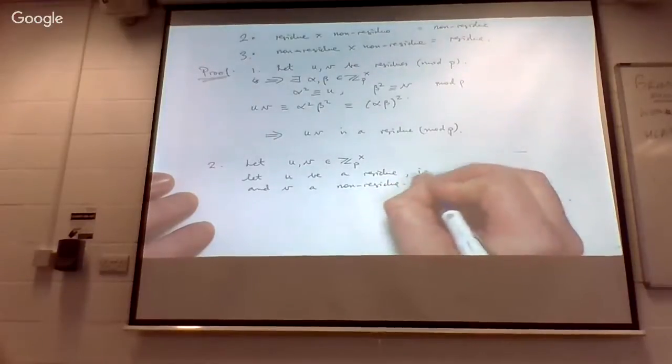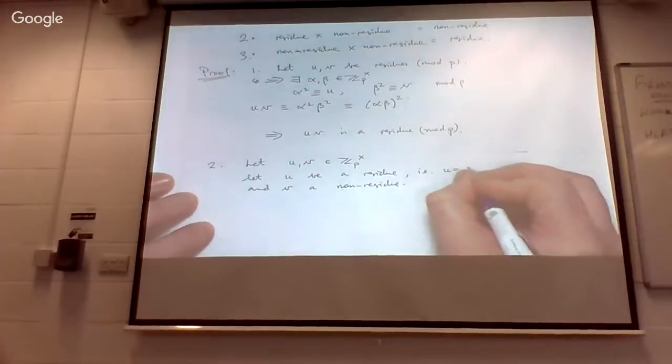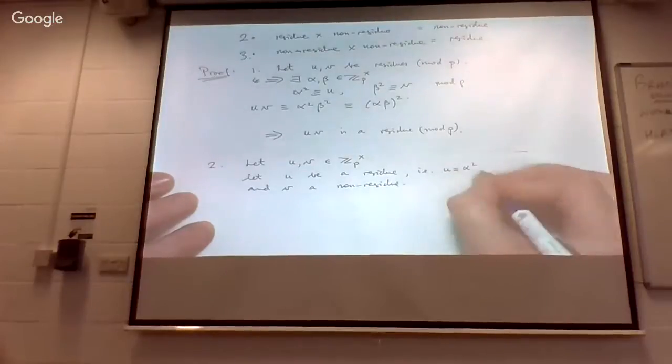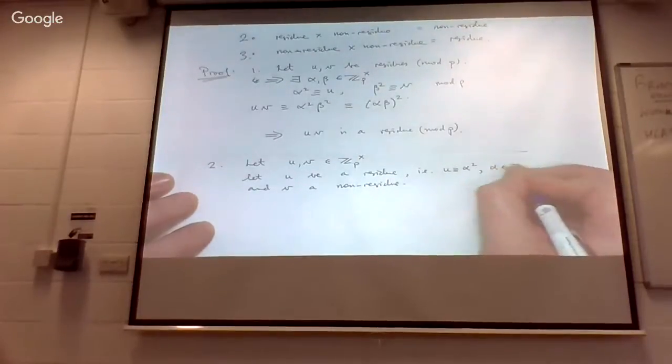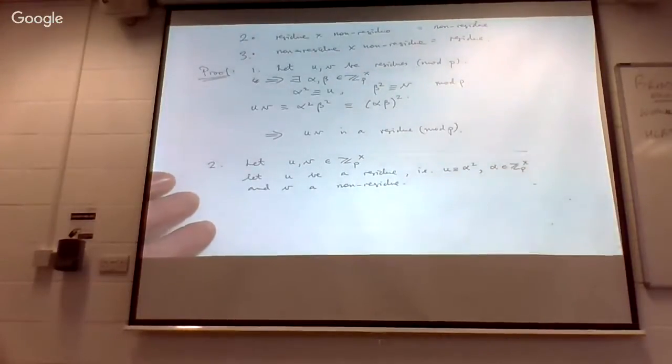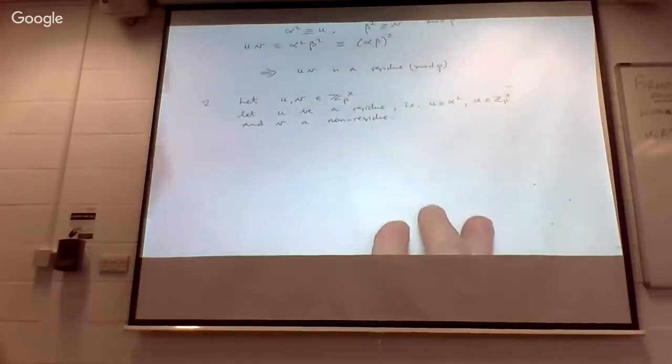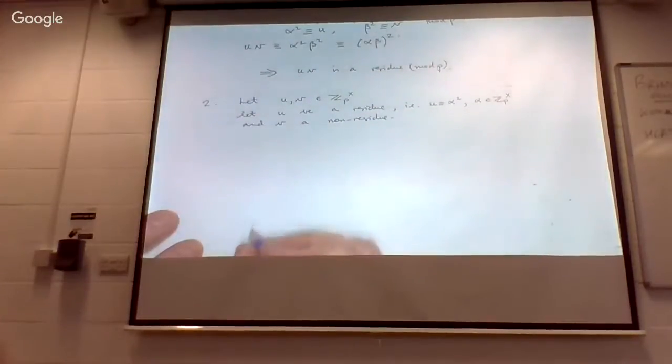So u is the square of something, but v is not. And down here, I want to conclude that the product uv is a non-residue.